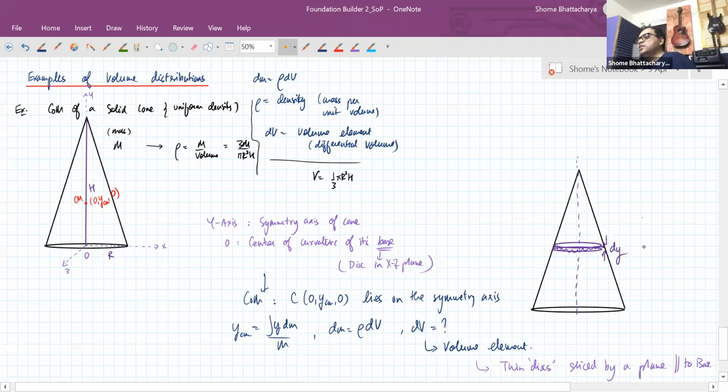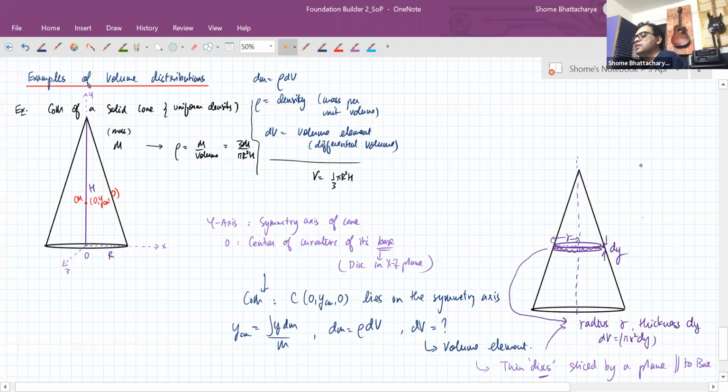Which have thickness dy. And which have a radius, let's say small r. So these discs are like this. They are of radius small r and thickness dy. So their volume will become area into thickness.